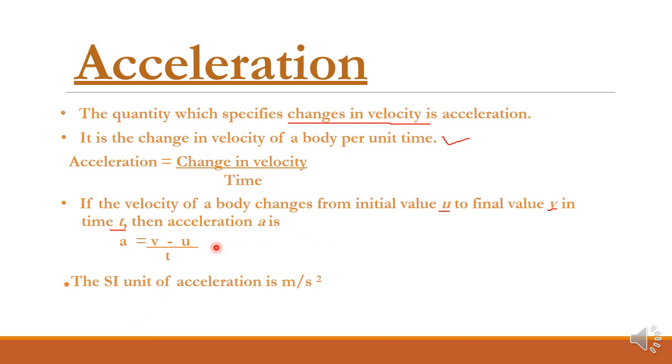The example which we took, from 0 to 100 in 5 seconds. We just have to put it in: our final velocity v was 100. We started our journey from rest, so initial velocity was 0. So we put 100 minus 0 upon time, which was 5 seconds. 100 upon 5 gives us 20.